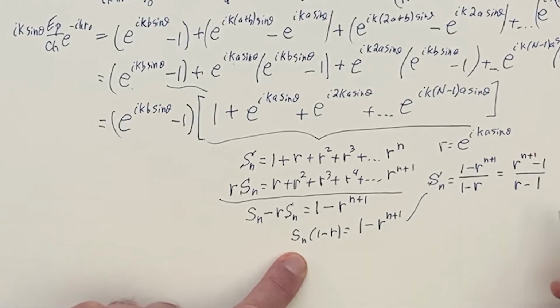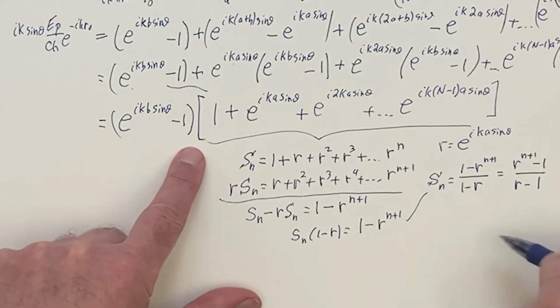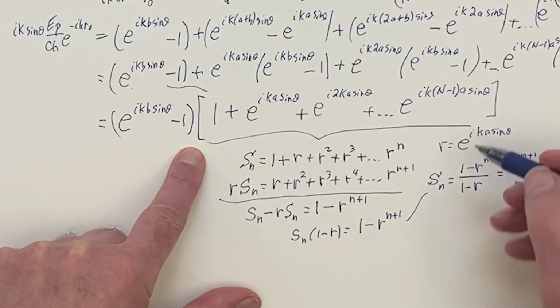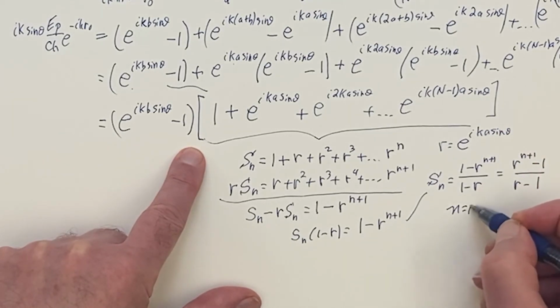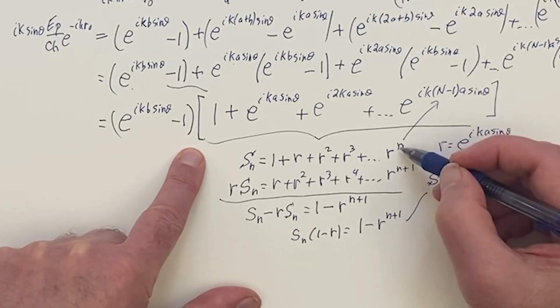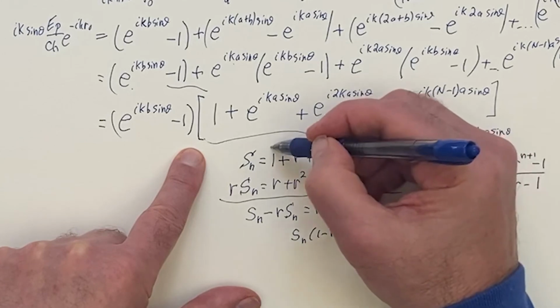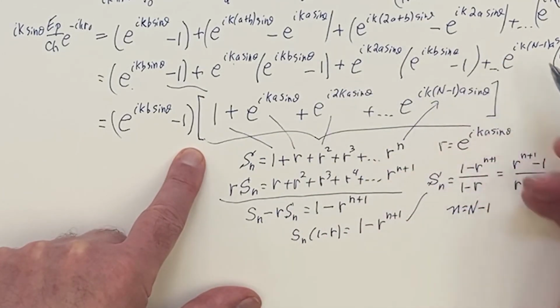I'm going to prefer to use the second version. So notice that in our case, the little n is equal to n minus 1, because that's what I have as the last one. This is the first one, and this is the r, and that's the r squared.